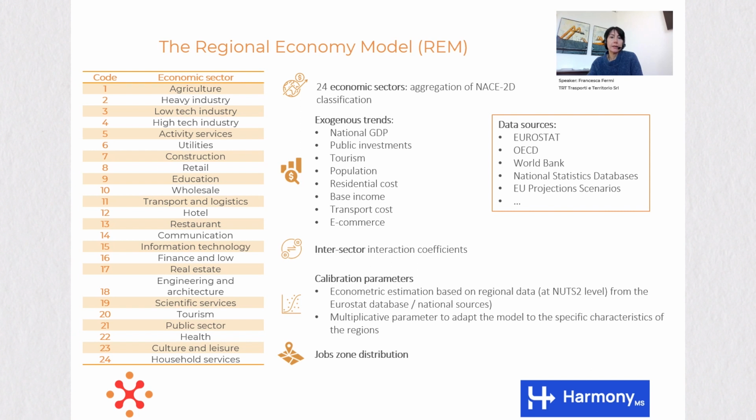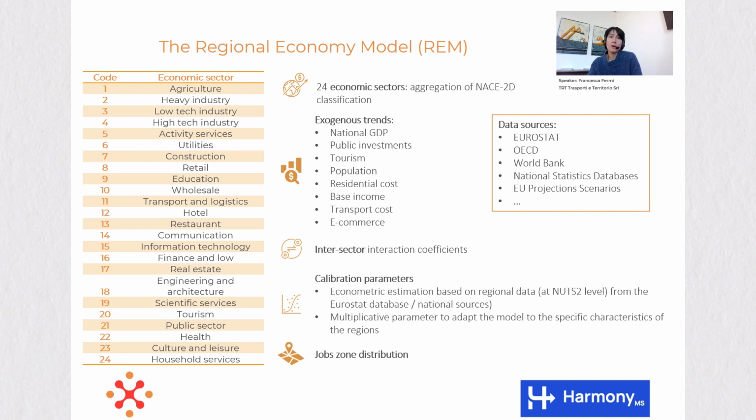And calibration parameters of the general equations are estimated in a twofold way. On one hand, an econometric estimation based on regional data at NUTS2 level taken from Eurostat database has been performed.